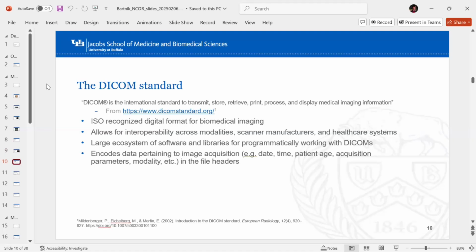So every biomedical imaging scan that you will look at, in the headers you'll have tags that are always consistent with what they mean, for the most part. I'll go into some reasons why that's not always the case. But they'll tell you things like when the scan was acquired, patient name, age, and any other parameters that you use. That's always encoded into the DICOM headers.